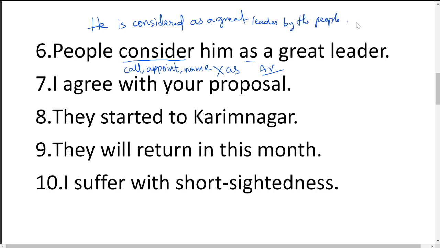Now in this case, this is passive voice. In passive voice, you can use consider as, okay, but in active voice you cannot use. So as is wrong here, eliminate as.